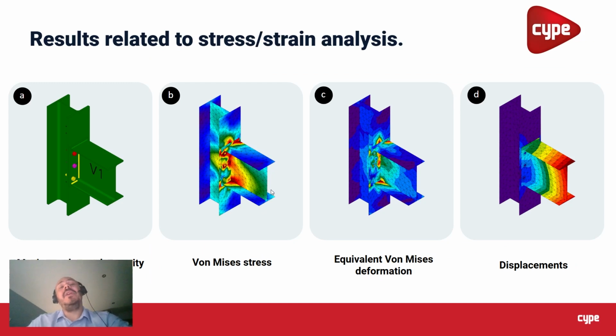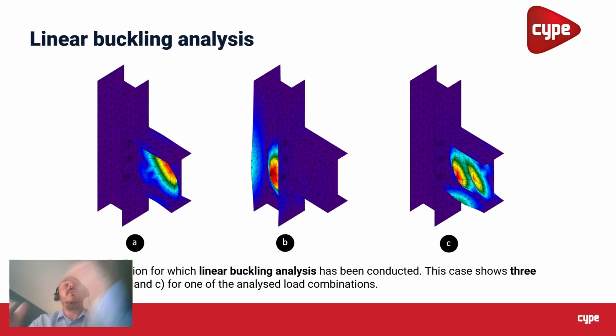We can also have here the results from the von Mises stress to try to find parts with excess of tensions, or even the equivalent von Mises deformation, and also the displacements of the elements in this node, in this connection. Okay. We can also run a linear buckling analysis. So we are talking about local buckling analysis. We have here the different modes that we can have.